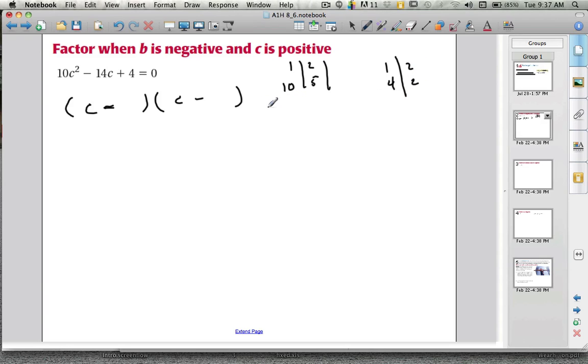Okay, and what we want to look at is how do these outsides and insides happen? How could they happen? So if I have 1 times 10 and I have 4 times 1, those will add up to be 14. So I need to make sure that I put, remember these are my leading coefficients.